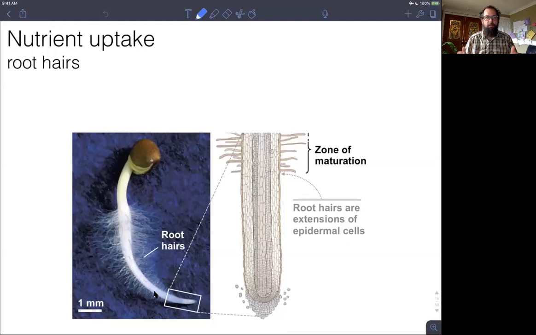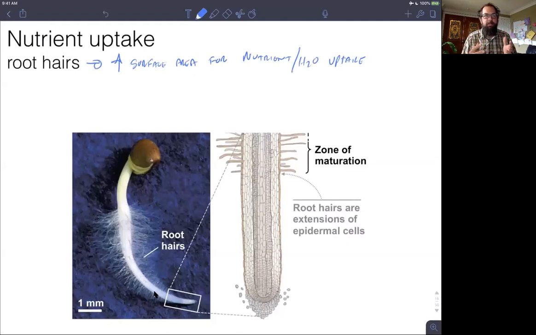And I just want to remind you that the root hairs are essential for increasing the surface area for nutrient and water uptake. Remember, the roots are really harvesting these really diffuse resources, those nutrients in the soil and the water in the soil, and bringing them, concentrating them in the plant.